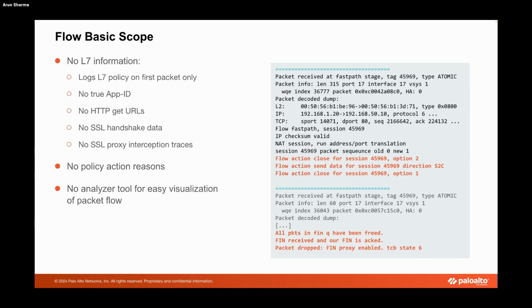Layer 7 policy matches based on packet payload pattern matching, such as App-ID and threat detection scanning, are not provided. So it's mostly used from layer 2 to layer 4, and the content inspection, App-ID detection, and threat detections, you won't see that information here because it's all layer 7.